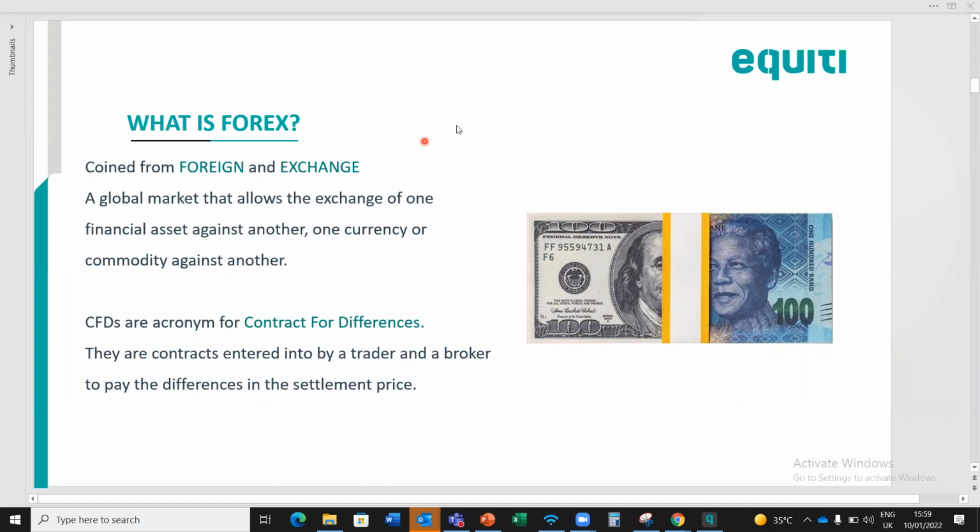When I say asset, I mean any financial instrument that has market value. Something that has market value can be changed for another thing. It can be bought, it can be sold. That's what I mean by financial asset.